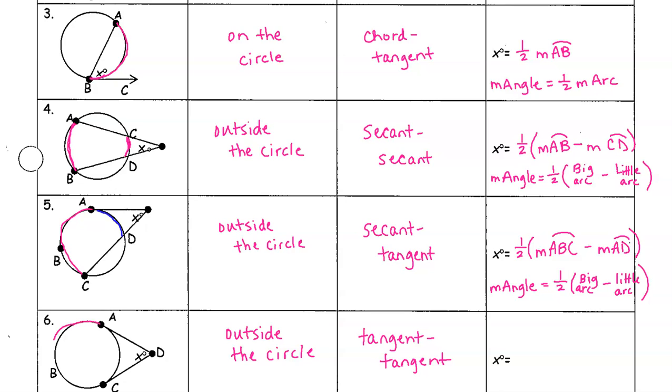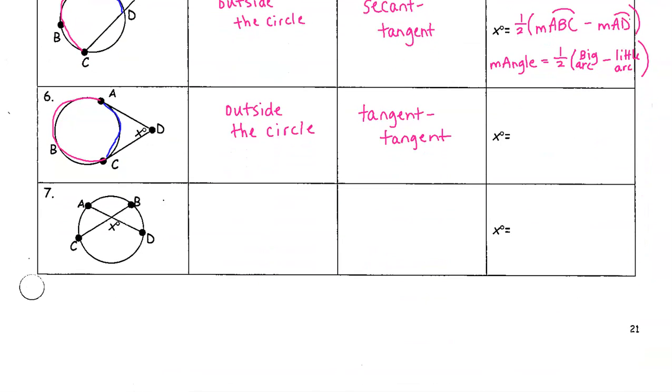So the large arc would be arc ABC, and our little arc would be arc AC. So here, and actually let me scroll up just a little bit, give me a little bit more room. So we're going to do 1/2 the measure of arc ABC minus the measure of arc AC.